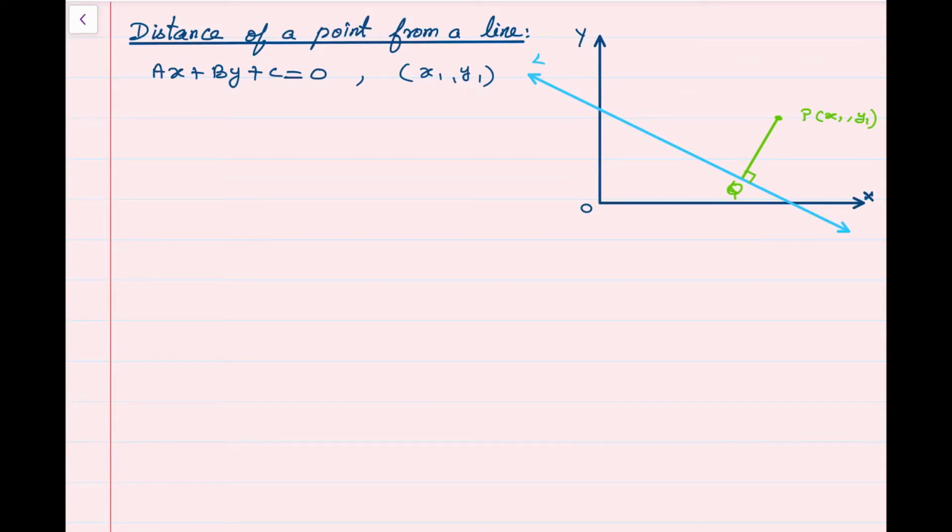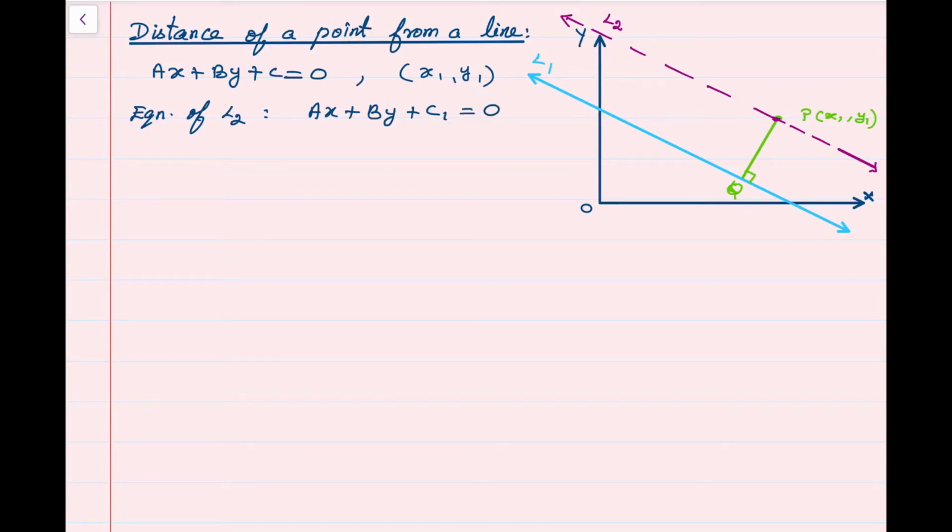So to make our work easier, let us draw a line parallel to this given line L through the point P. We will take this as L2 and the given line as L1. Therefore, the equation of the L2 line will be Ax + By + C1 = 0.